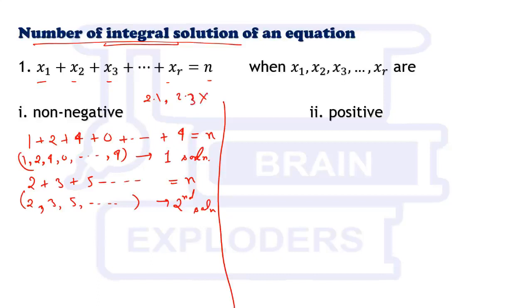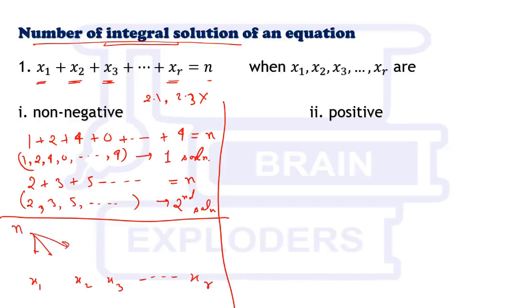Okay, how can we find this? We have to think of x1, x2, x3 as different groups, and we have n identical objects here. N identical objects have to be distributed into r different groups, so it can be done in (n plus r minus 1) c (r minus 1) ways, and this is the number of integral solutions which are possible. This was the case for non-negative solutions.